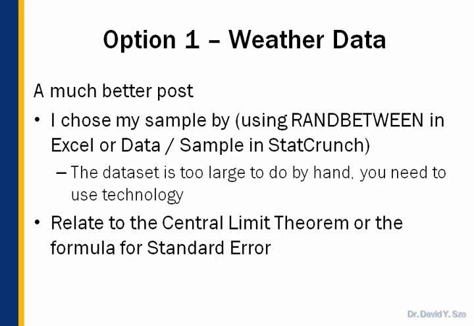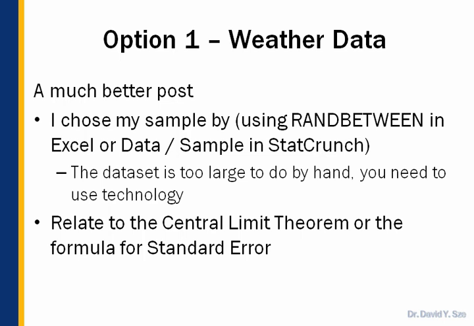Here are two aspects that would make your post much better. The weather data set is much too large to analyze by hand. That's on purpose. We want you to use technology to do the analysis. Again, this is not the 1400s where everything was done by hand.